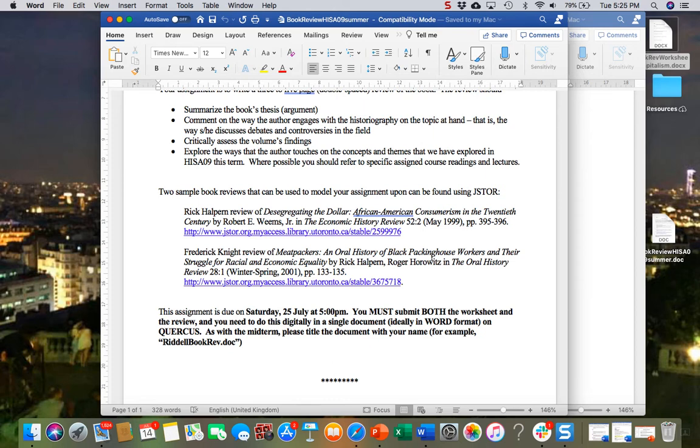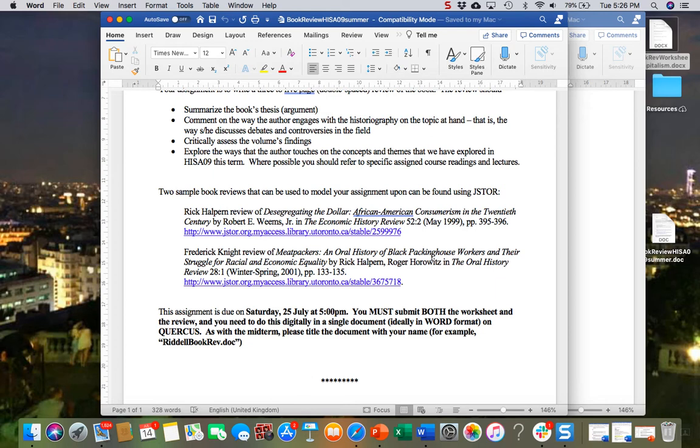But if you just look at these two examples, it'll give you a sense of what is in these book reviews. The reason a book review is important in the context of scholarship and historians writing about history is that there are hundreds, sometimes thousands of books published on a particular subject every year, right? And you can't always read all of them. So one of the things that journals do, in this case, the Economic History Review and the Oral History Review, these two reviews from 1999 and 2001, is provide reviews written by other historians about new books.